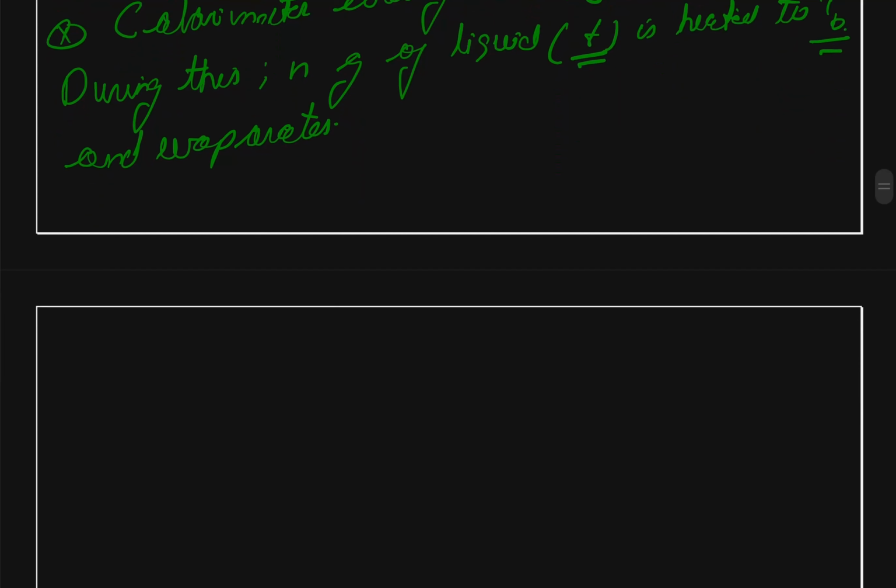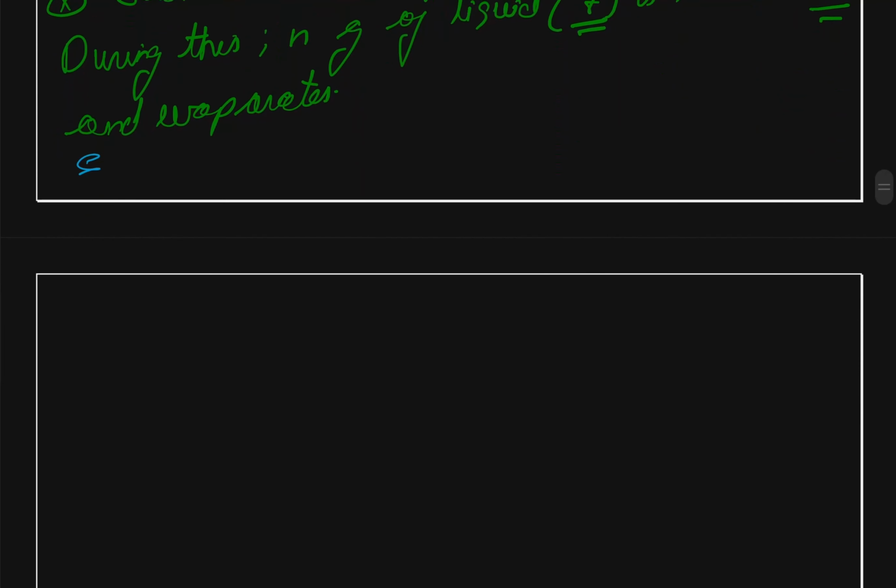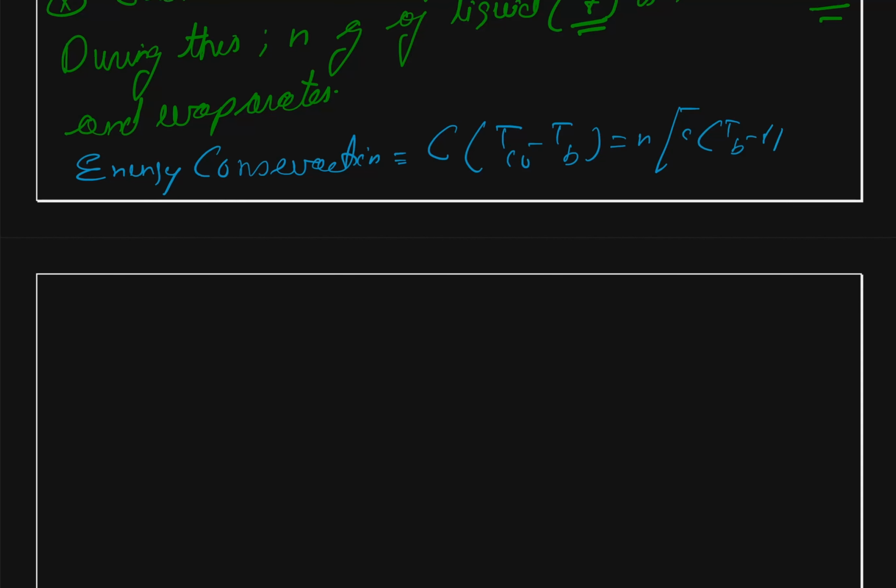Therefore, we can use energy conservation. The energy lost by the calorimeter will be equal to the energy gained by the n grams of liquid, that is n c (Tb minus t) plus n L, its latent heat, because it is going to evaporate.